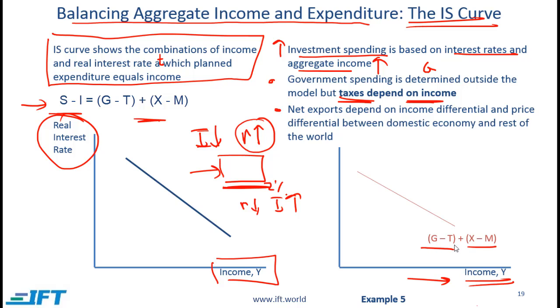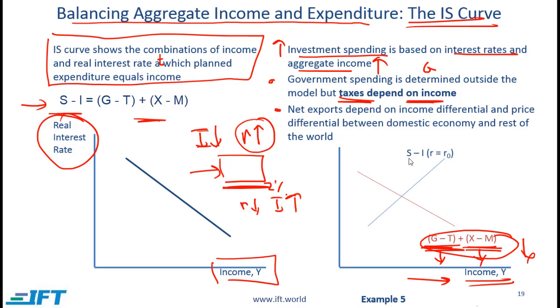As income increases, taxes obviously will increase, which means that G minus T comes down. What about net exports? As income increases, imports tend to go up more than exports, which means that X minus M, the net exports, also come down. So we see that both these parts of the expression come down, i.e., as income goes up, this overall expression will come down, and that explains the downward slope for this expression.